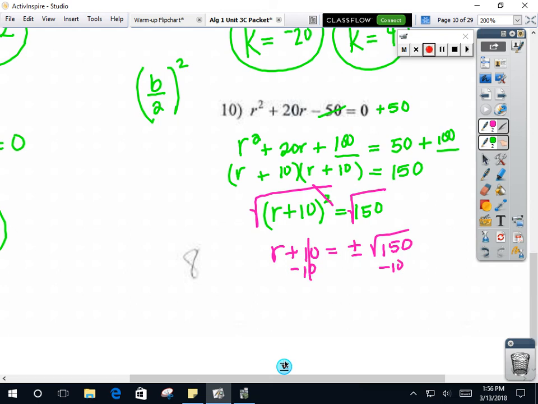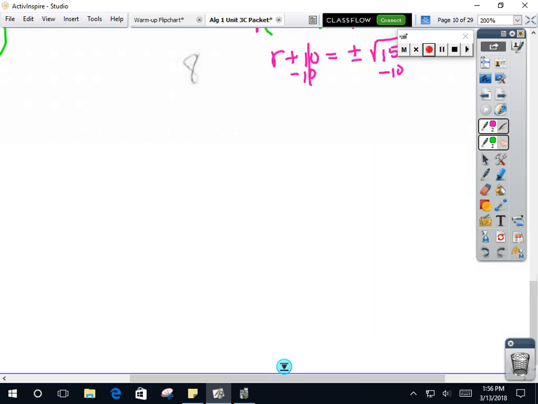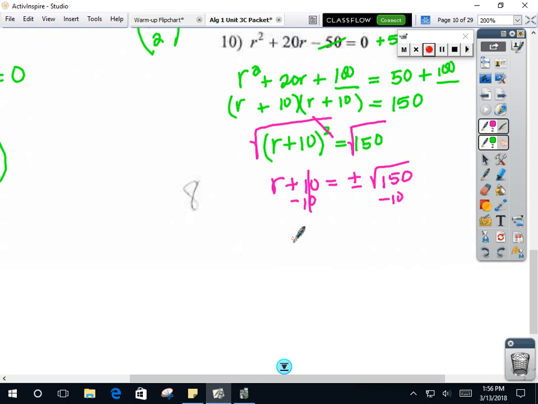And so r equals the square root of 150 minus 10, which is right, 2.2. And then your second solution, because we know there's always 2 with a quadratic equation, is negative square root of 150 minus 10, which is negative 22.2.